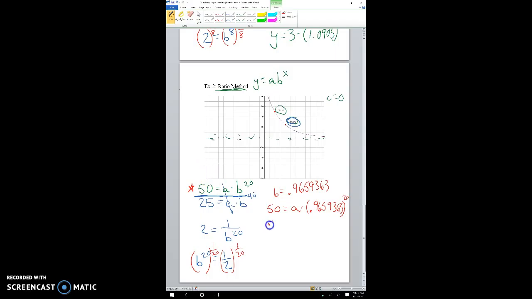Okay, coincidentally, in this case, all right, and then to get a by itself, you divide both sides by 0.5. And you get that a is equal to 100. So your final answer is y equals 100 times 0.965963 to the x. And that's the final answer.